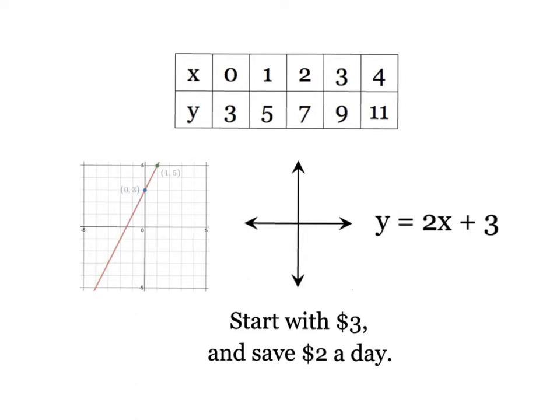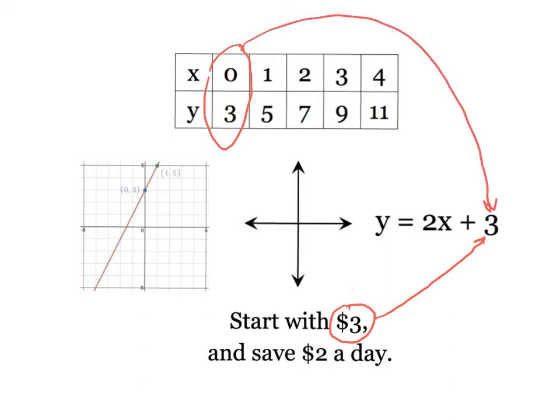Now, notice, you can kind of see where things are coming from. Starts with 3, that's part of the equation. If you look up here, when the x is 0, that's often called the starting point. And if you look on the graph, that's part of the graph. So this starts with 3 shows up in all four situations.